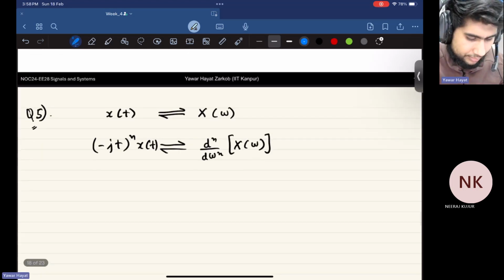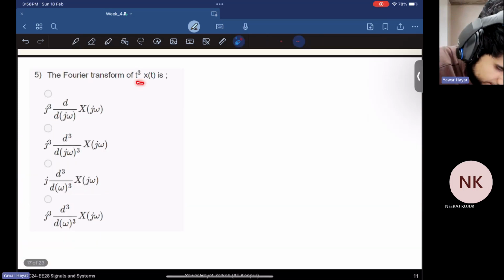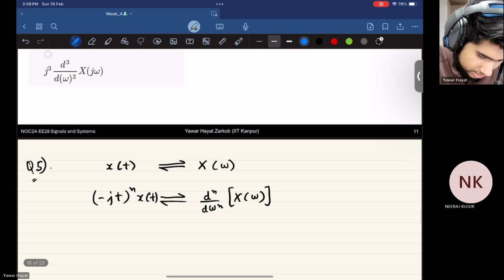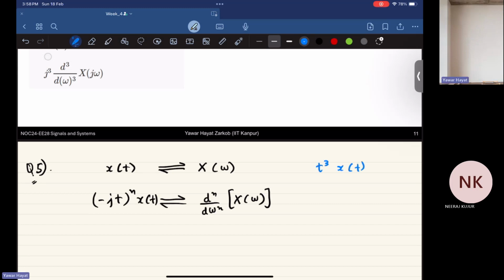In our case, this x of t is t cube x of t. We need to compute what is the Fourier transform of this particular signal. Let me write it.